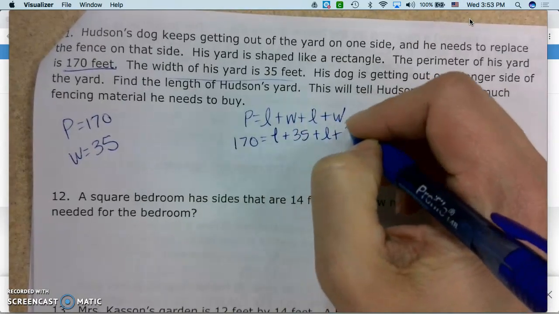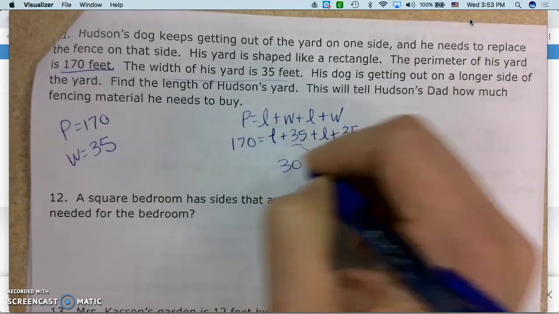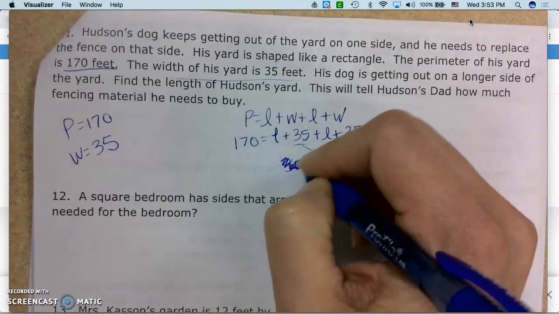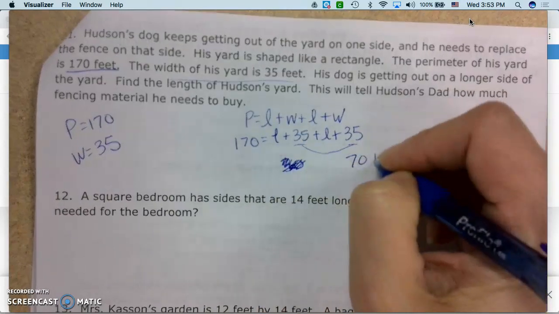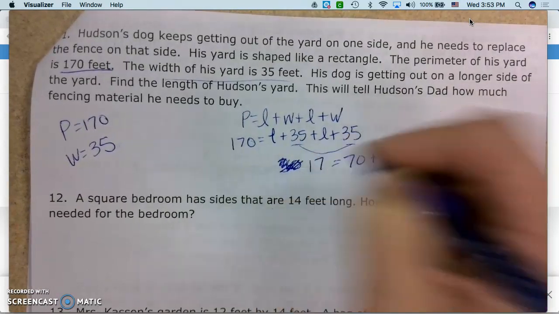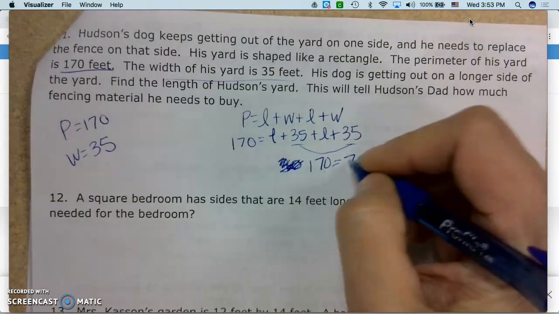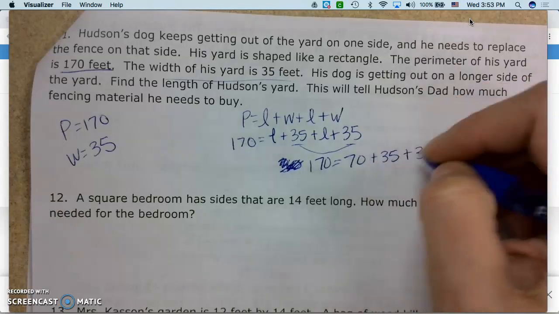Put the things that you do know together, so I can put the 35 and 35 together. That makes 70. Oops, I said 30 and I mean 70 and wrote 30. And that's equal to 170. And then you've got to, excuse that, I'm getting in a rush.